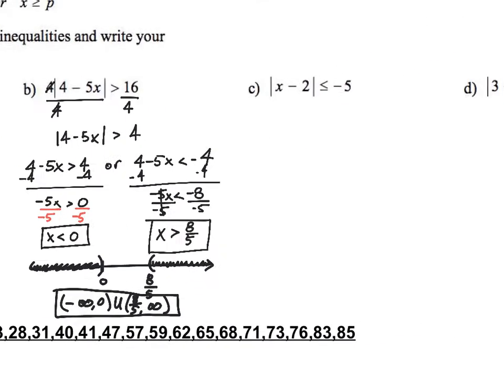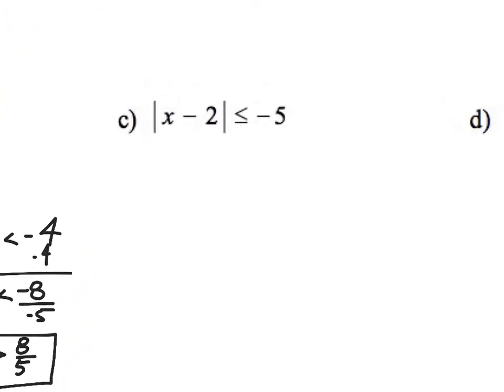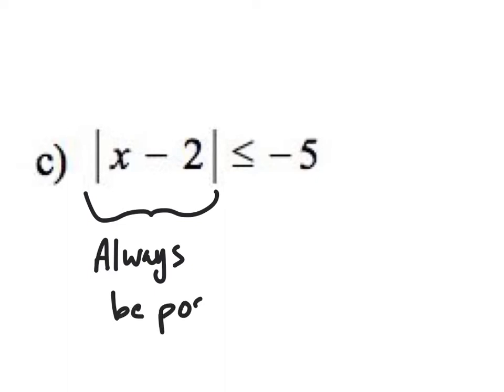Now let's talk about question C, which is kind of interesting. Whenever I have an absolute value symbol, I'm always going to say that this will always be positive. And I'm dealing with a negative number over here.